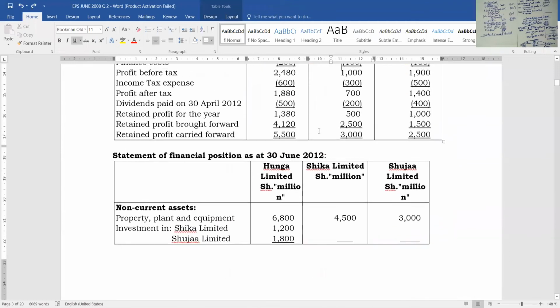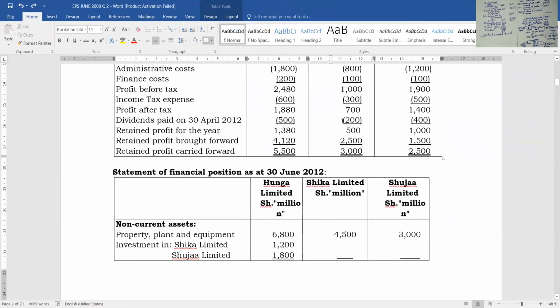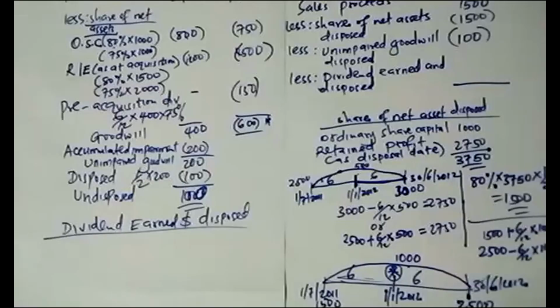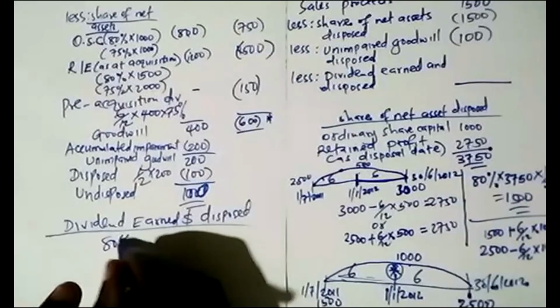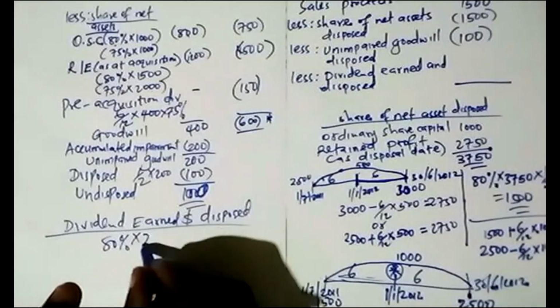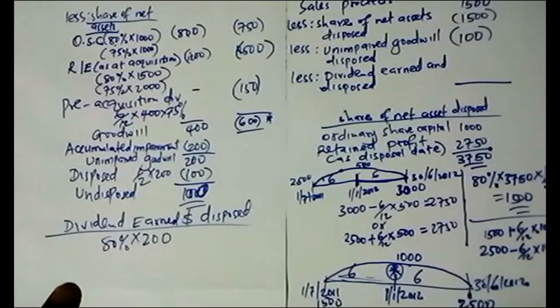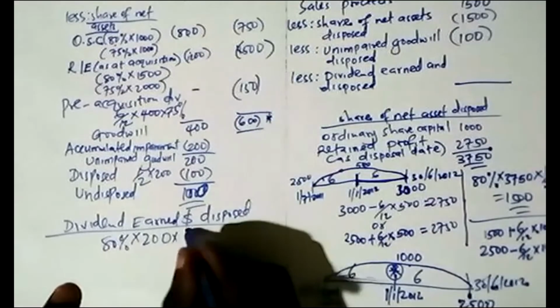So we go to the income statement. This is the dividend which was paid by Shika. So the 200 was the dividends paid by Shika. So the parent earned, remember that the parent controlled 80% of the 200. So you earned 80%, but for 6 months.